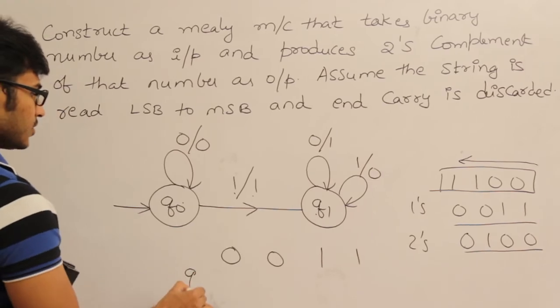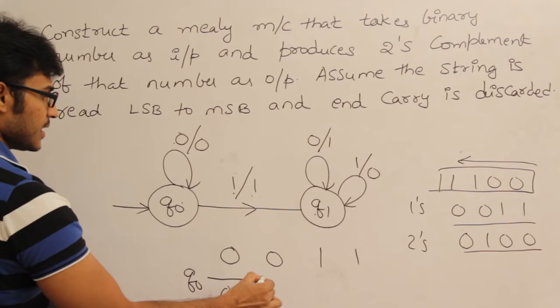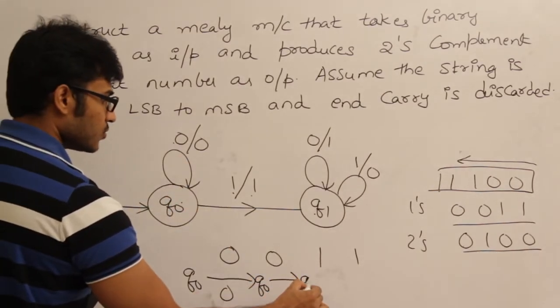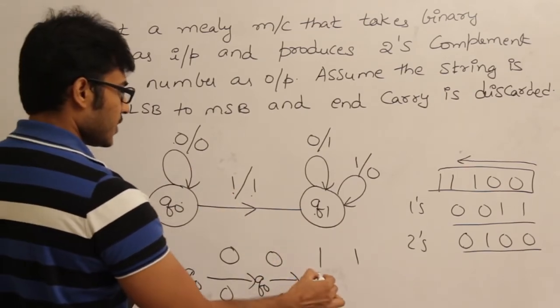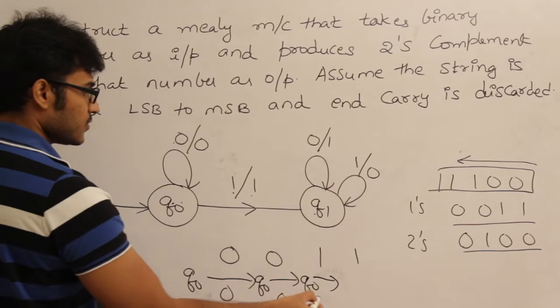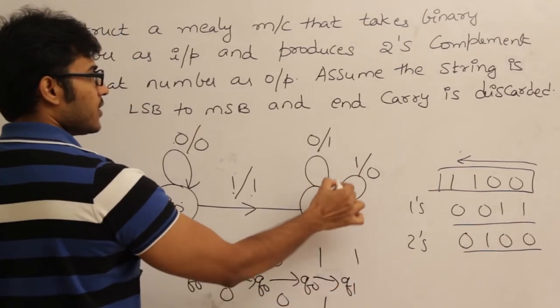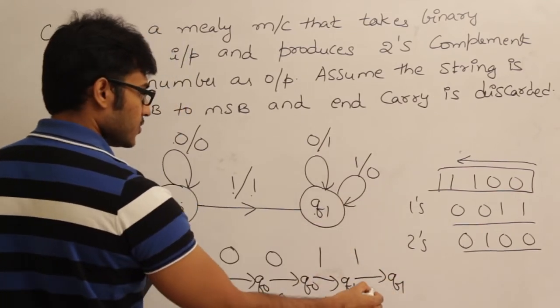Now Q0 on 0 is going to produce 0 itself and stay in Q0 only. Again Q0 on 0 stays in Q0 and outputs 0 only, and Q0 on 1 is going to produce 1 and go to state Q1, and Q1 on 1 stays in Q1 itself and produces 0.